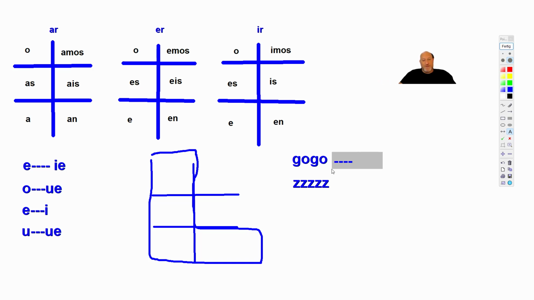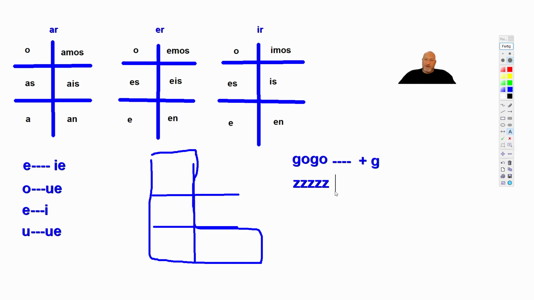Example, the verb poner, to put. If I want to say I put, you say pongo. See, I added an extra G that shouldn't be there, but only for yo. The rest of the verb, normal. Pones, pone, ponemos, and so on.